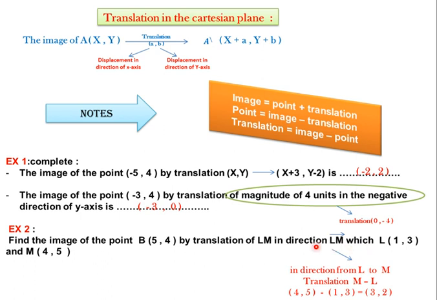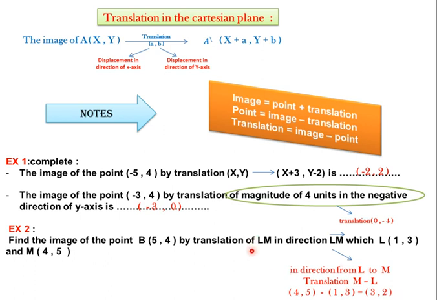So the translation is M minus L, where M equals (4, 5) and L equals (1, 3). Then 4 minus 1 is 3, and 5 minus 3 is 2, so the translation is (3, 2).